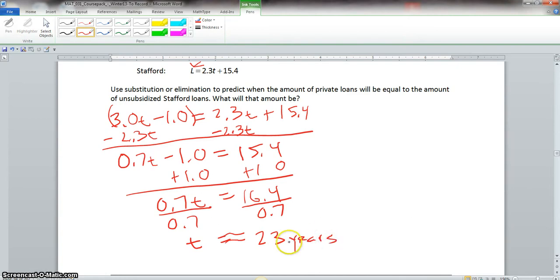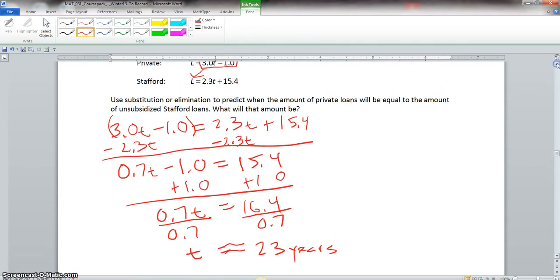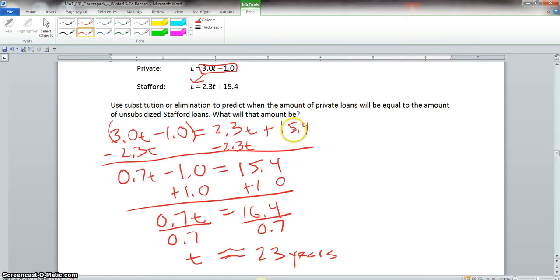Now, what we have to do next is this here. We need to find out what L is equal to. So we could take one of the two equations and substitute in 23 for, I mean for T, and then solve for L. So I'm going to take the first equation. So I have L is equal to 3.0 times 23 minus 1.0.